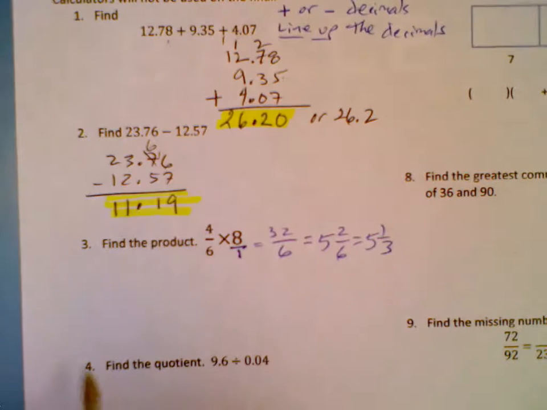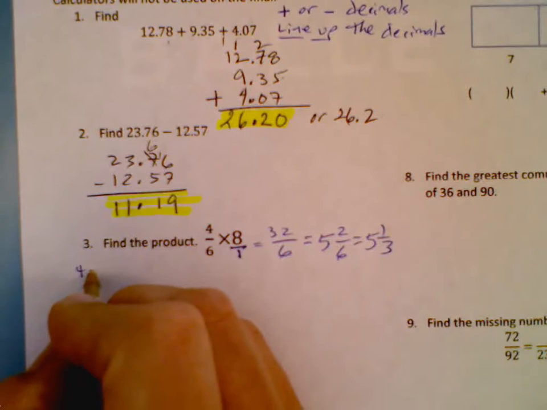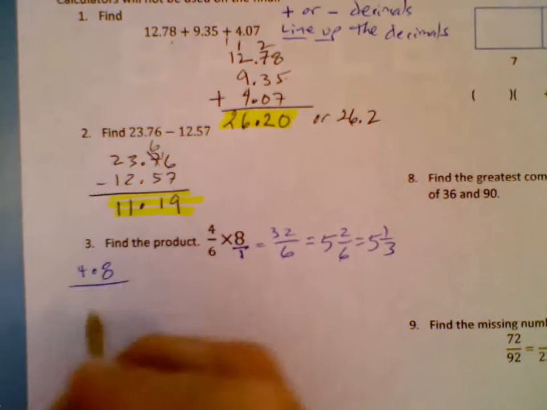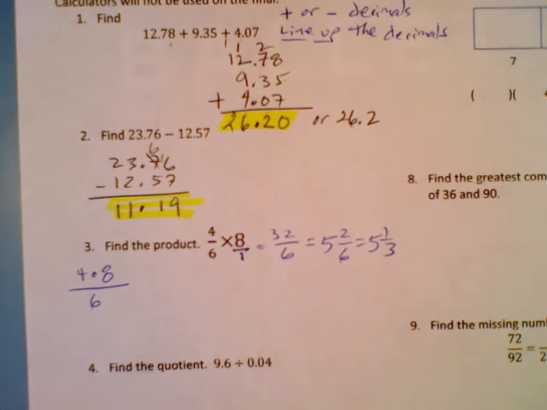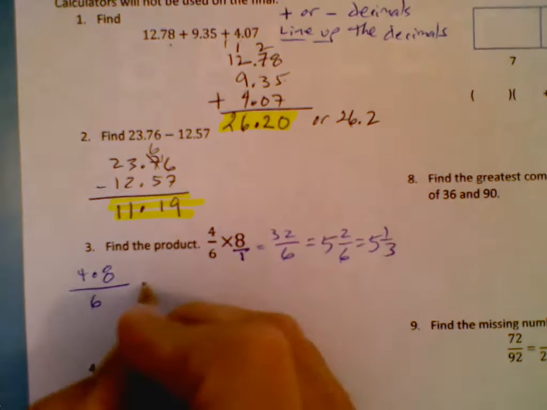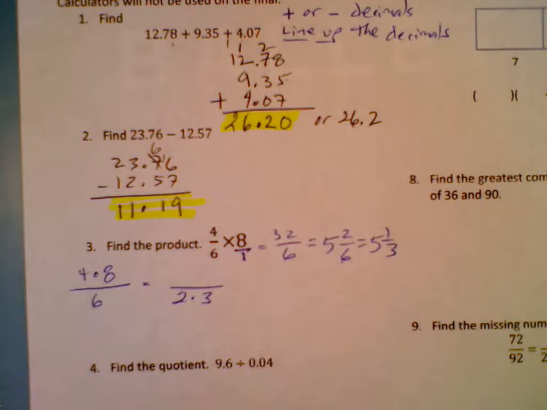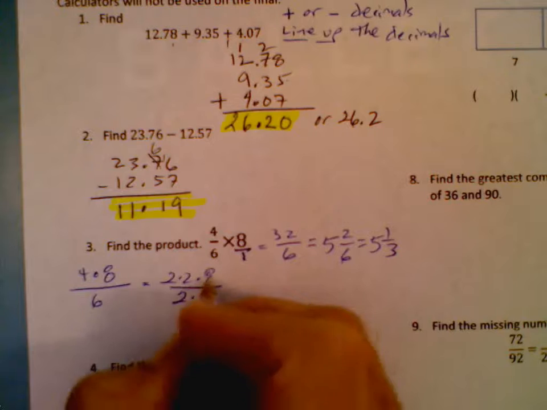I can also consider this problem this way. So I have 4 times 8, so I'll use a dot instead of multiply. And I have 6 times 1 is 6. Well, I have some even numbers here, so let's break this apart. The bottom is the same thing as 2 times 3. And then on the top, I see the 4 can be written as 2 times 2 times 8.